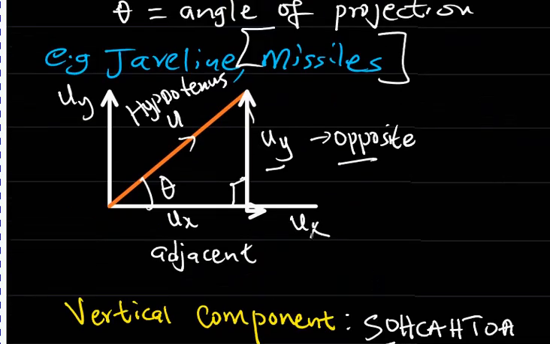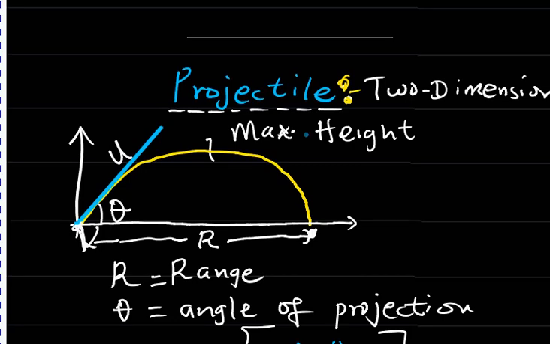So going back to my projectile, as you can see, the motion of this projectile is divided into two halves. In one half of the motion, the object moves from the point of projection all the way to the maximum height.